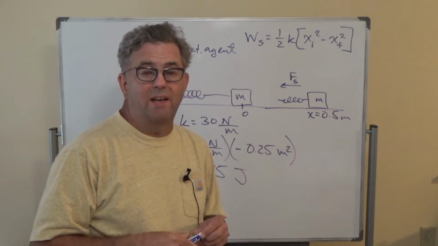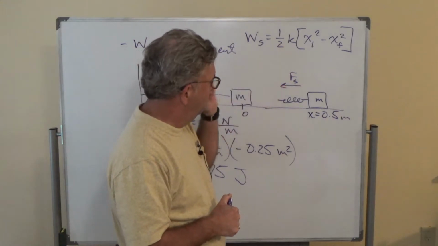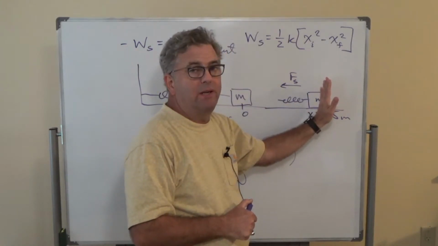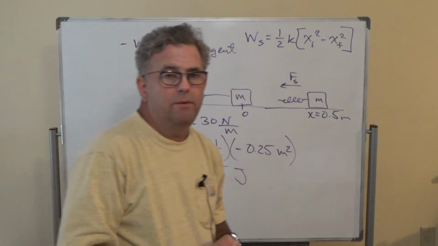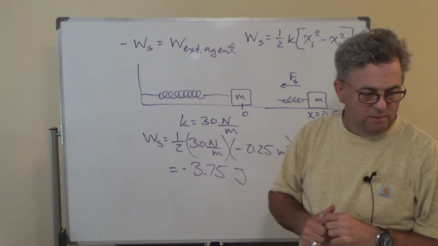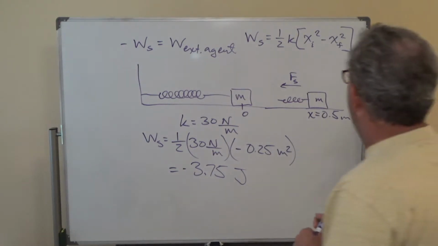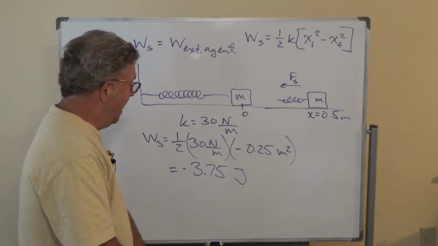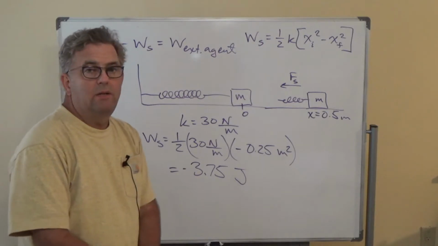The spring force was in that direction. So you had a force by the spring on the mass in that direction and a displacement in this direction that gave you a negative amount of work being done by the spring. Okay? Someone else trying to get in? Probably not. Okay. There was a negative 3.75 joules done.